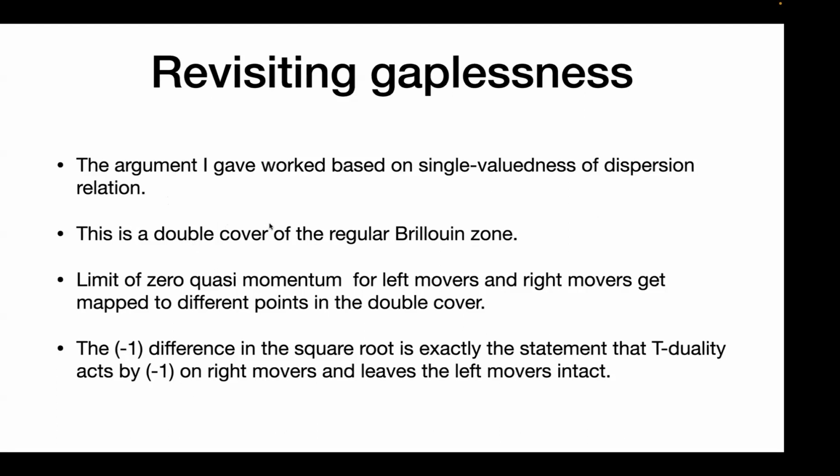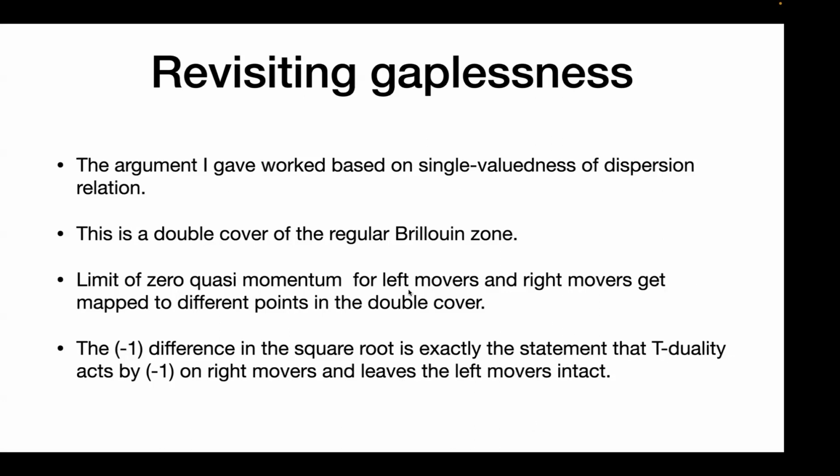This is the -1 that distinguishes left movers and right movers when you do T-duality. And then in the limit of zero quasi-momentum, you get mapped to different points on the double covers. And this -1 difference in the square root is exactly the statement that T-duality acts by -1 on right movers and leaves the left movers intact.